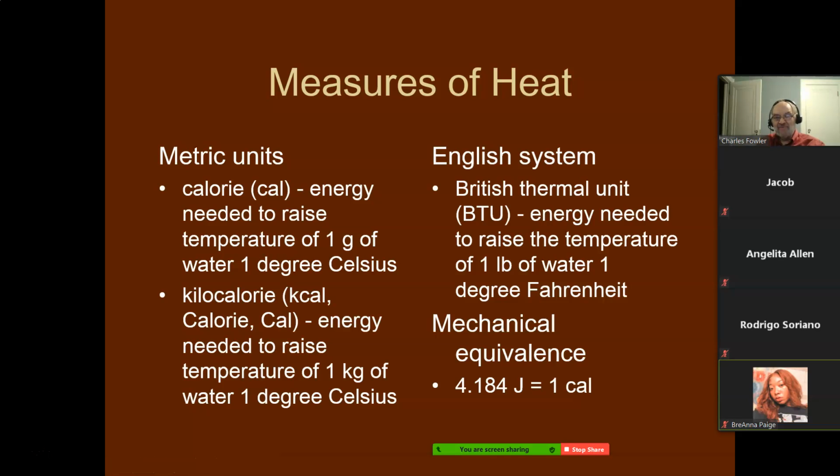Now that means a joule is an awfully small amount of energy, okay? Because it takes 4 of them to make 1 calorie. 1 calorie is a very small amount of heat too. So that's called the mechanical equivalence of heat. In other words, remember, they thought heat was an element, whereas they thought energy was something completely different.